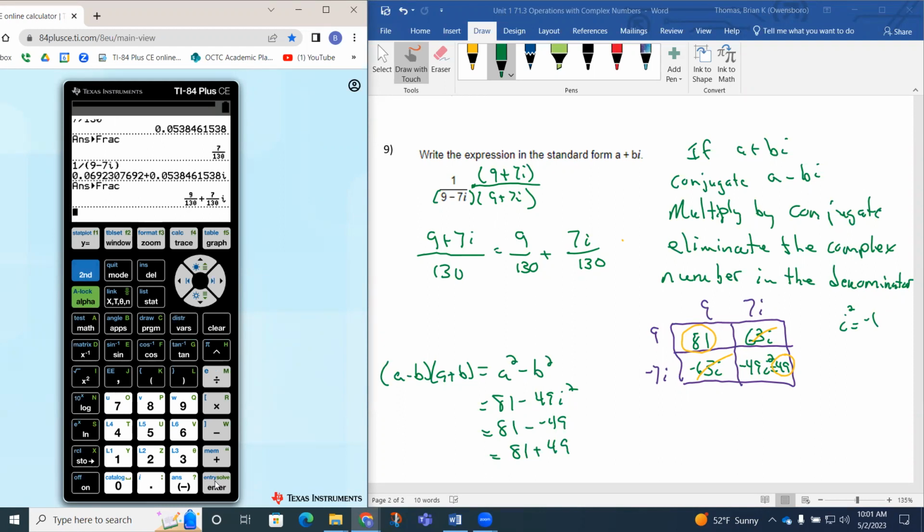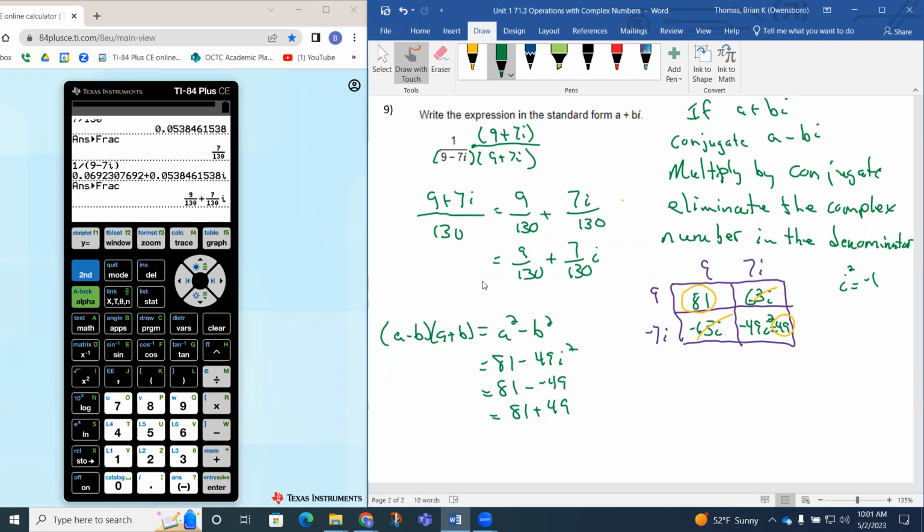So 9 over 130 plus 7 over 130 i. Notice how they kind of put the i out as a variable thing. That actually looks a little bit better to bring that i out to the side like that. So yeah, you can do the calculator and just remember to change the answer back to a fraction and it gives you the same result. So it does rationalize. In other words, it makes the denominator a real value.